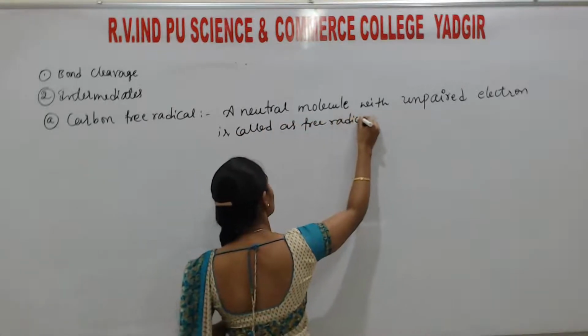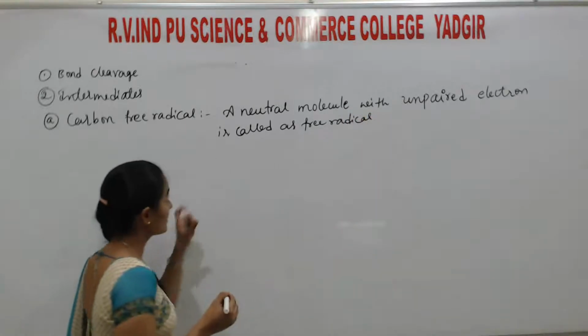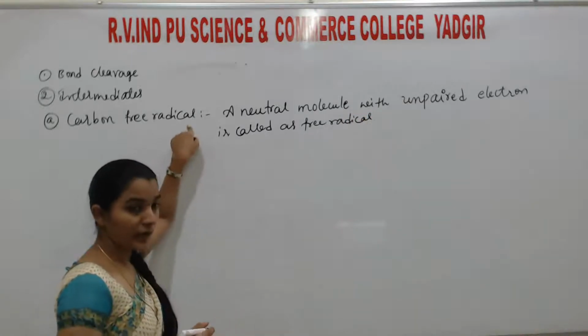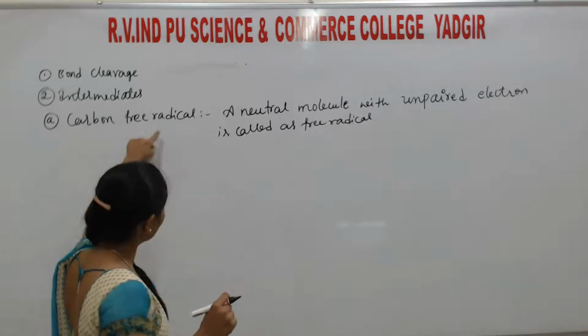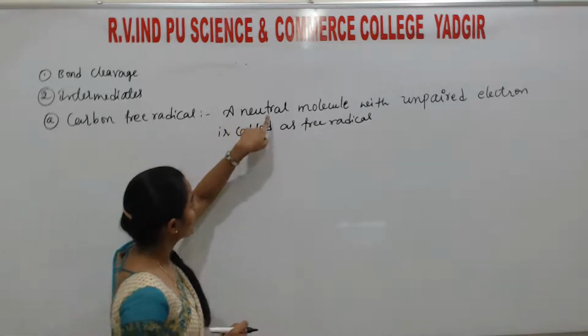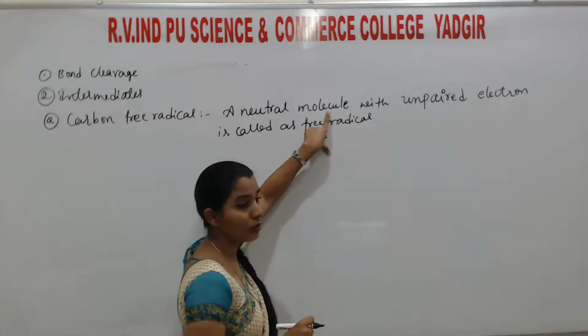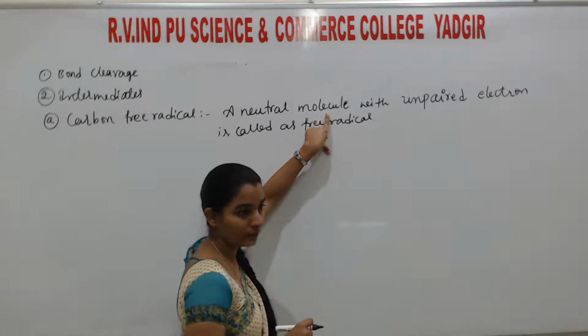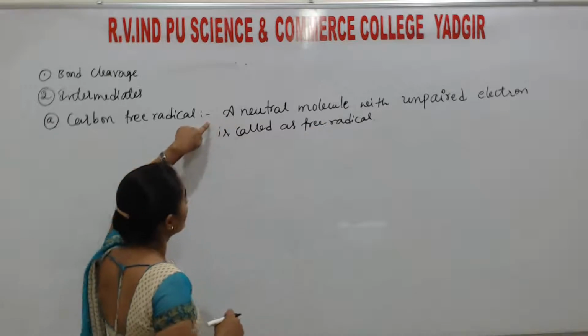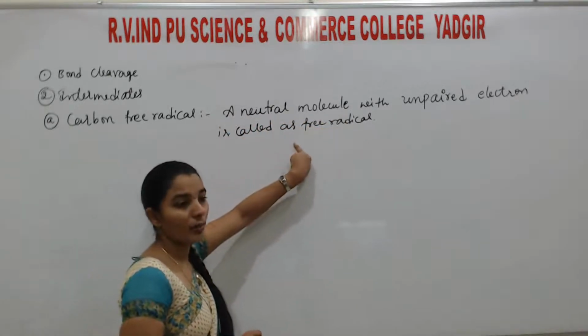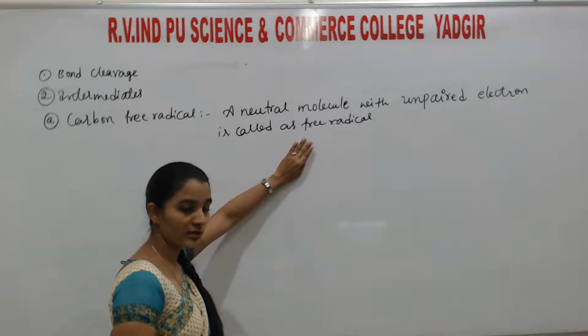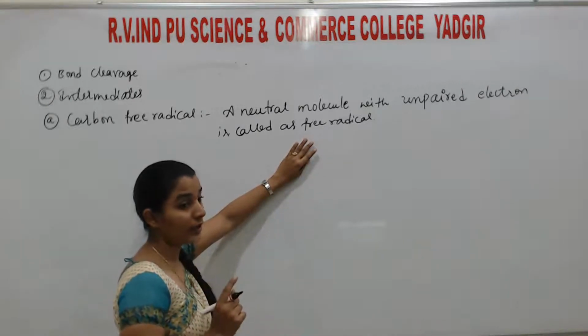This is the definition for only free radical. But in the reaction mechanism, we are going to get carbon free radical. Means the neutral molecule must be a carbon. A neutral carbon molecule with unpaired electron is called carbon free radical.